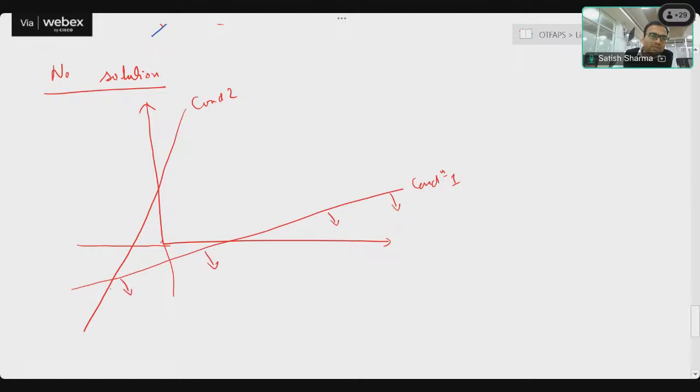If these are the conditions, and this says that the solution should be on this side, so if you look at these two conditions, do they have any common solution? Or do they have a certain common region? Which part is common for condition one and condition two? Is there any common region which satisfies both the conditions?